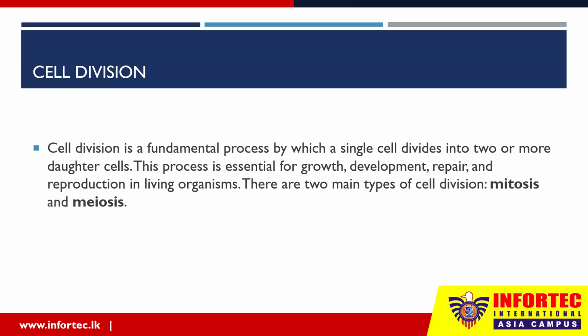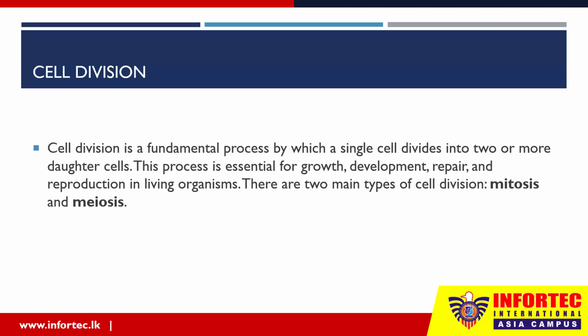Cell division is a fundamental process by which a single cell is divided into two or more cells. There are two main types of cell division processes: one is mitosis, the second is meiosis. Cell division simply means the mother cell is dividing into daughter cells.